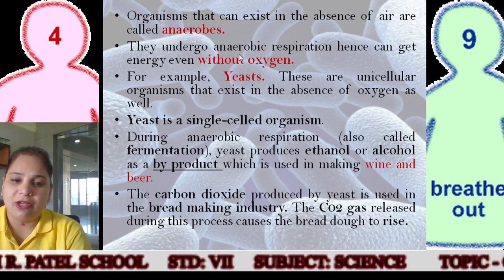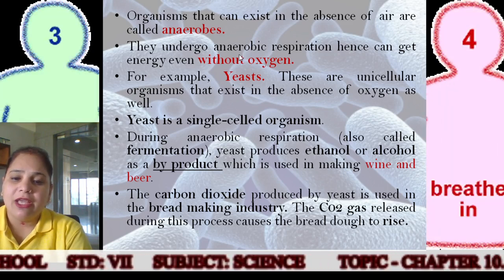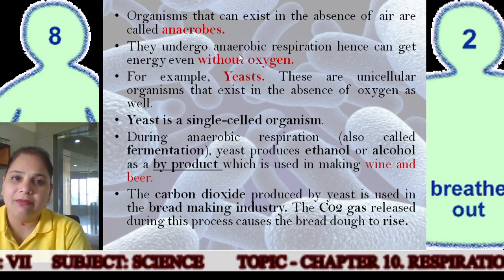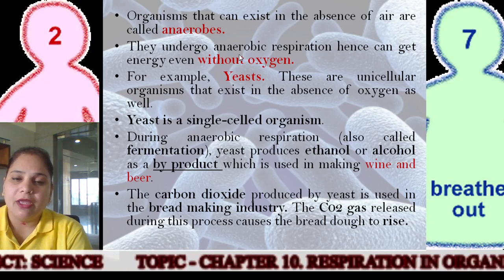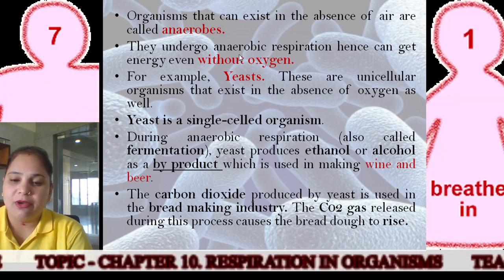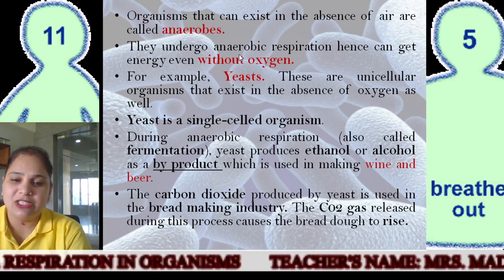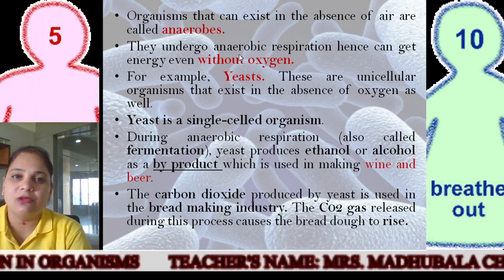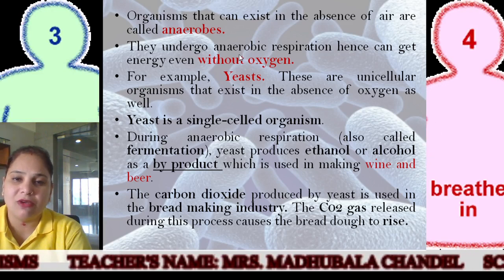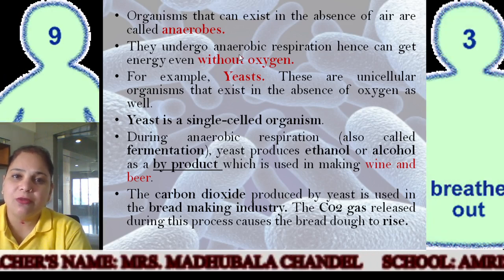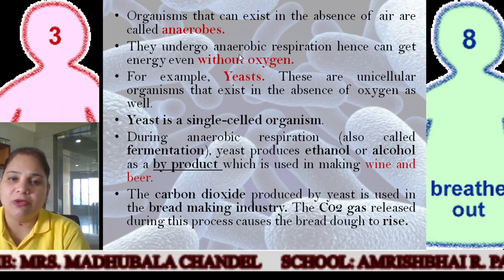Now this byproduct, ethanol, can be used in making wines and beer. The carbon dioxide produced by yeast is used in the bread making industry. The yeast gives out carbon dioxide with less release of energy. You must have seen yeast powder in the markets.